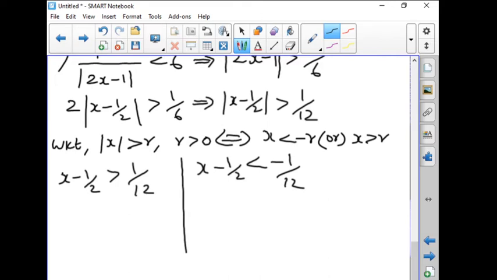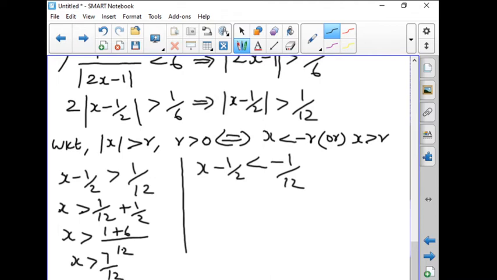So, from the first one, take minus 1 by 2 to the other side. So, x is greater than 1 by 12 plus 1 by 2. Taking the LCM, 12 is the LCM. So, 1 plus 6, so x is greater than 7 by 12.